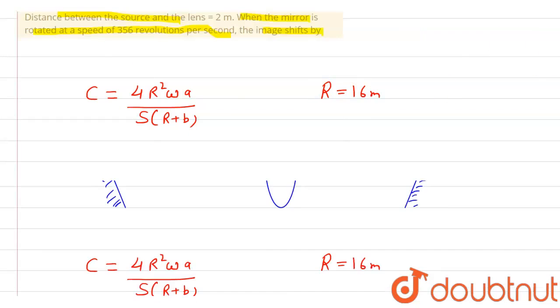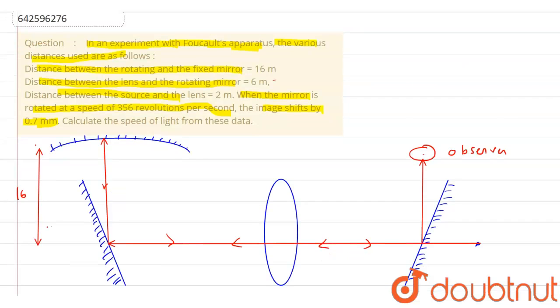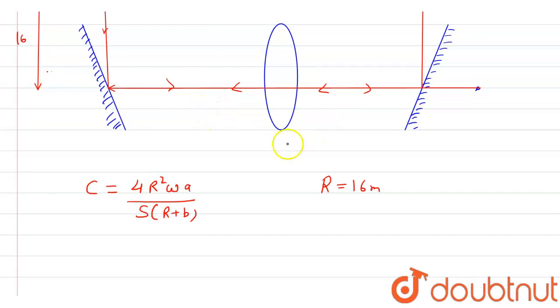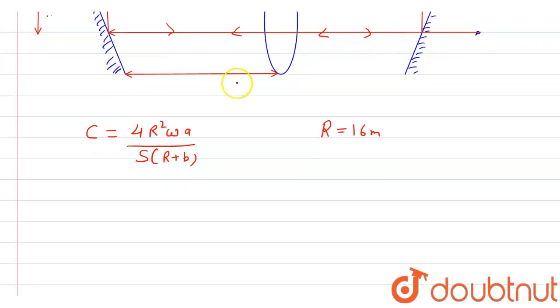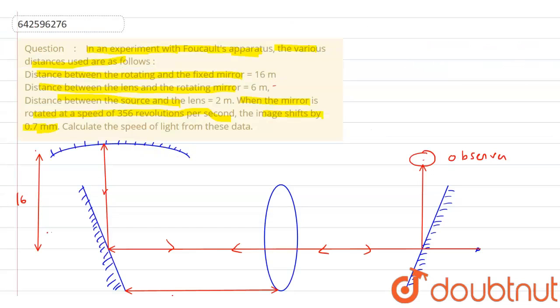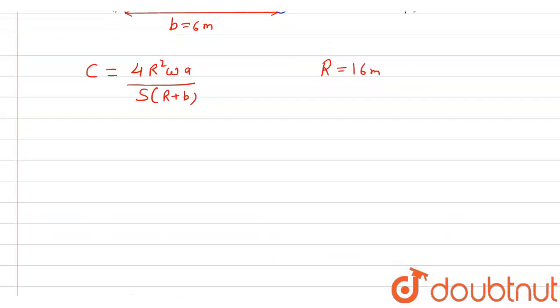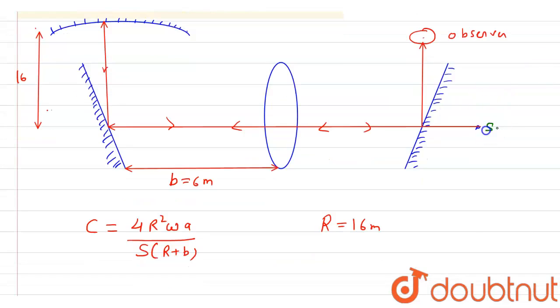Now the other line, the distance between the lens and the rotating mirror. So this is the lens and this is the rotating mirror. This distance is 6 meter, and this is represented by B, so B is equal to 6 meter. Now the third one, the distance between the source and the lens. If in the diagram this is the source, then the source and lens distance is given here as 2 meters.